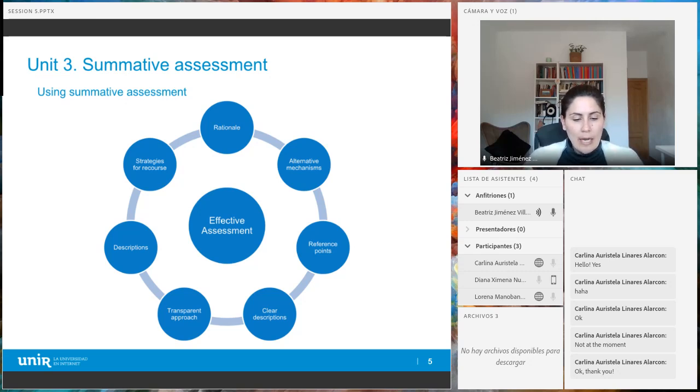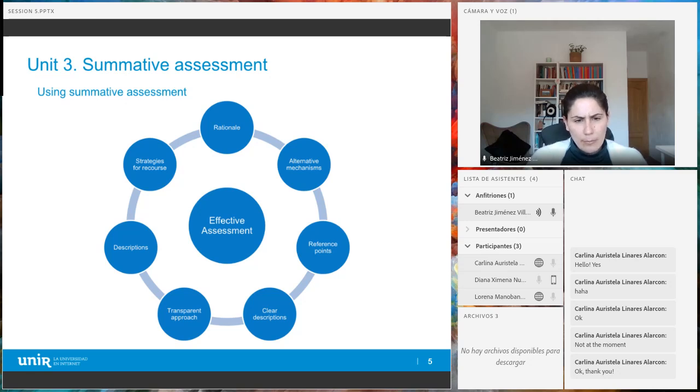Okay, so there should be a rationale for undertaking a particular assessment of learning at a particular point in time. So we give the students this grade or this mark that is going to give them more reasons to continue.